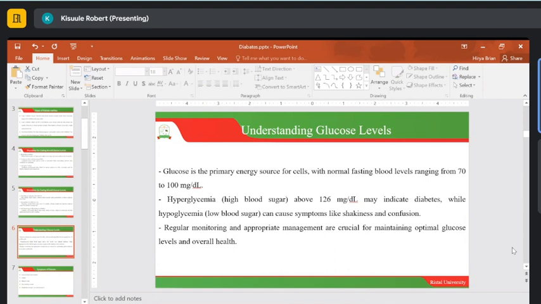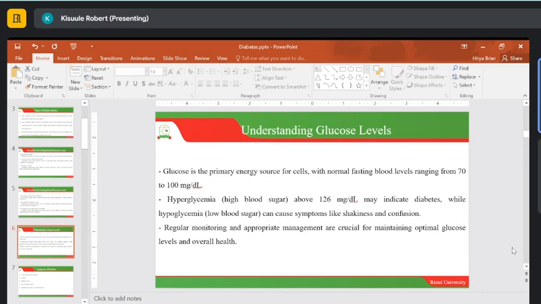And we are saying, like I told you earlier on, glucose is the primary source of energy to humans. And we are saying that normal fasting blood glucose levels range from 70 to 100 milligrams per deciliter, okay?